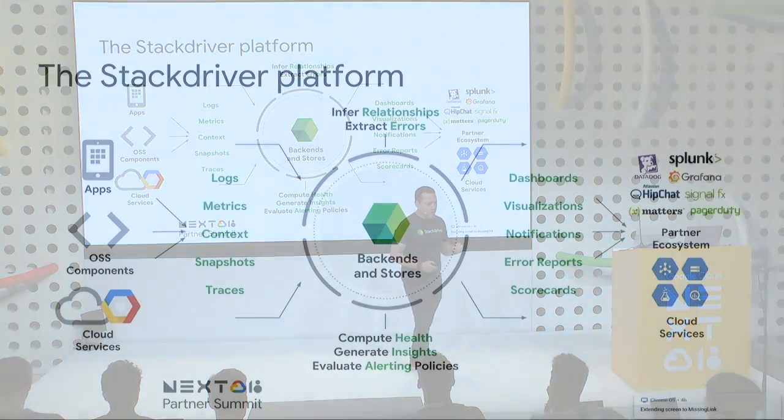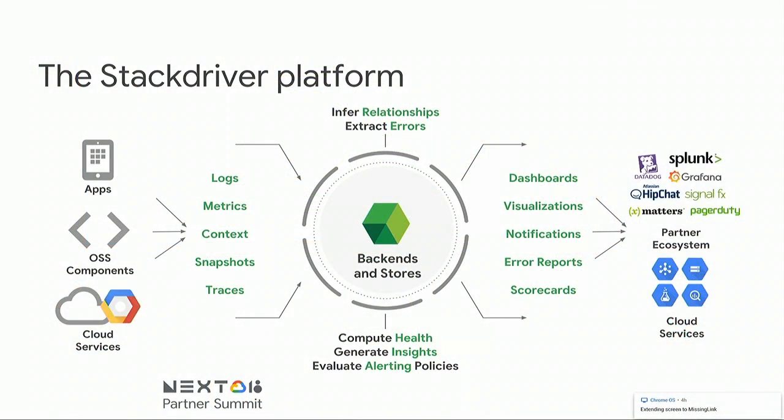Now, all of this is built on a massive platform that we have at Google in our backends and our stores and so on. The key thing here is that we're amassing a lot of signals throughout the full stack, starting from our cloud services, from Google Cloud, from AWS, to operating system and third-party application components.